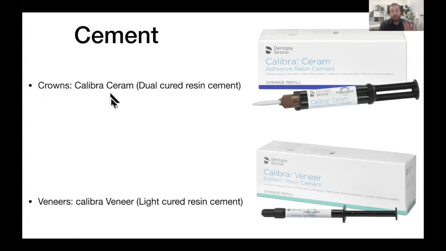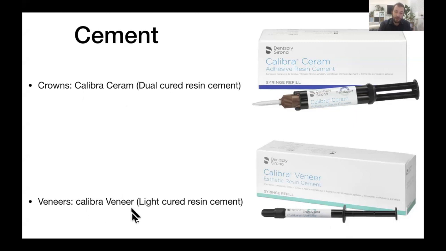This is where the selection happens. As for Dentsply, they have Calibra Ceram, which is a dual cure and also light cure product. And they have Calibra Veneer, which is only a light cure product. So if you can light cure the cement through the veneer, that's nice.